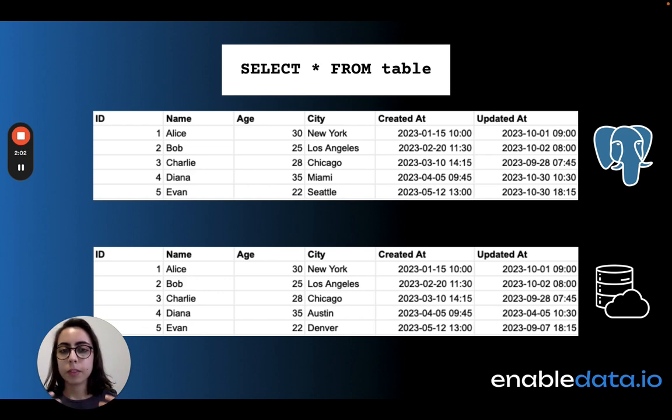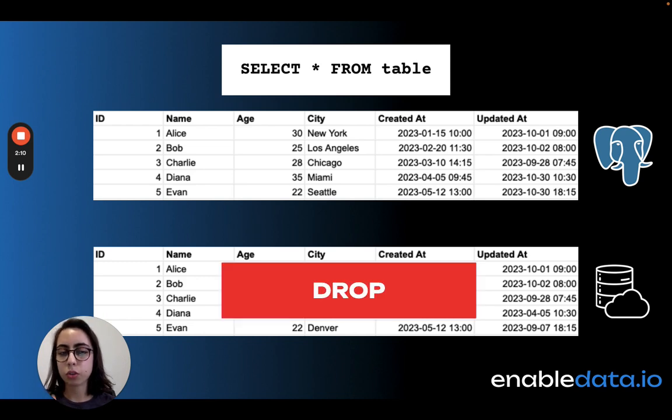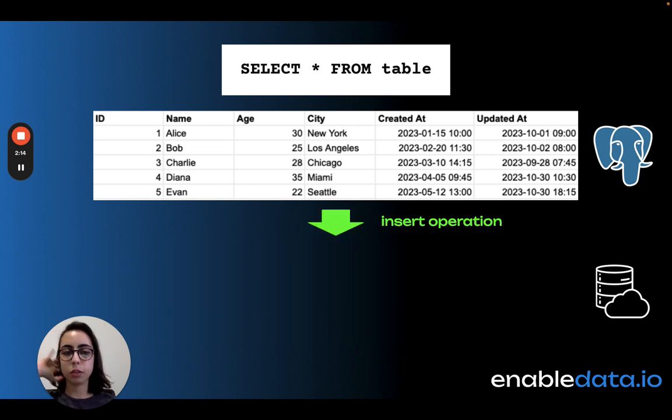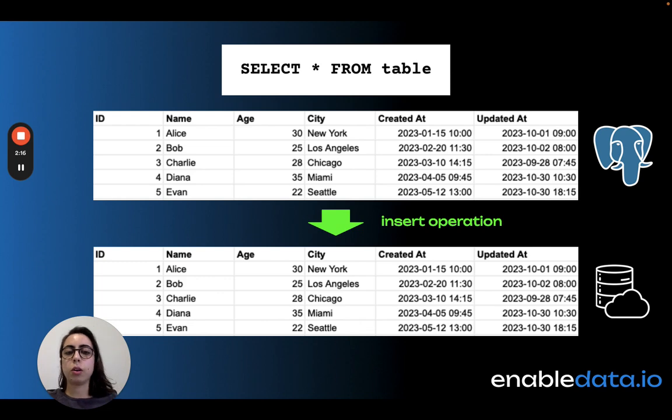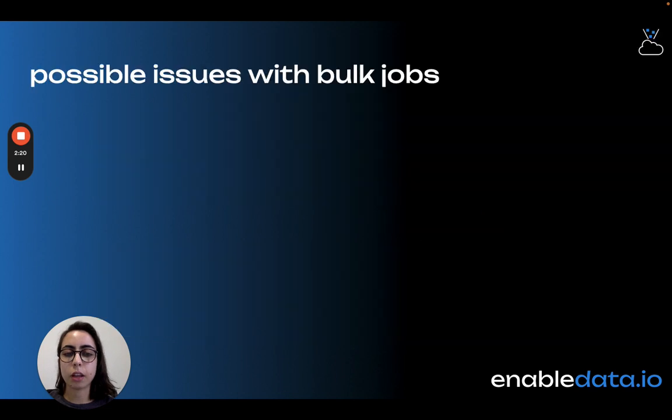When we want to update our data, the approach that we're going to use is to drop our table in our data platform, and then insert all of the data that we had in our source into the data platform.